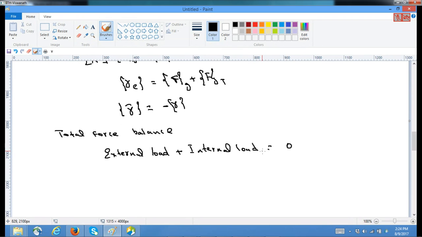The external load is the applied load, capital P, and the internal load is because of the resistance and the structural loads.